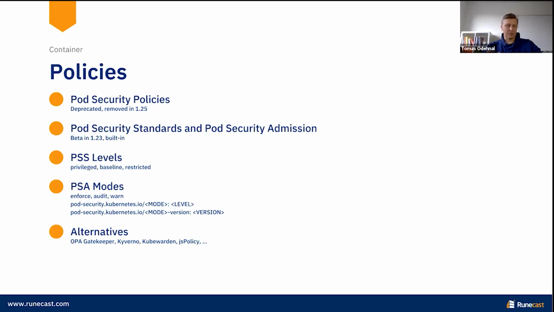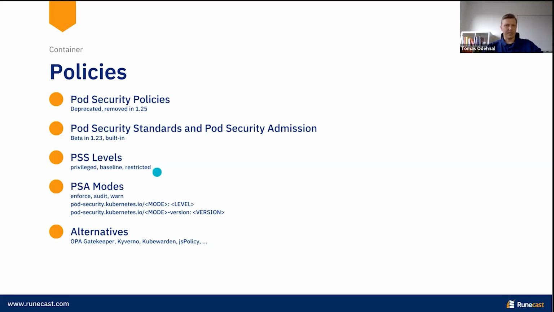It cannot do most of the harmful stuff, but still there are some things that can be done. And restricted is the most restrictive, and is basically for the most restricted workloads. The levels are described in the documentation. I won't go into details, but it's easily accessible.